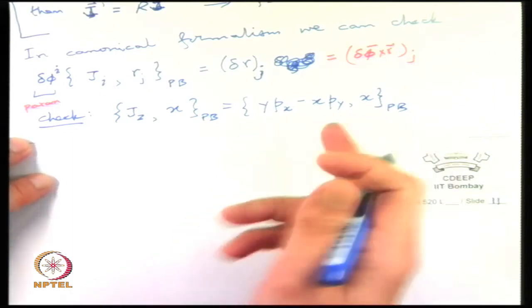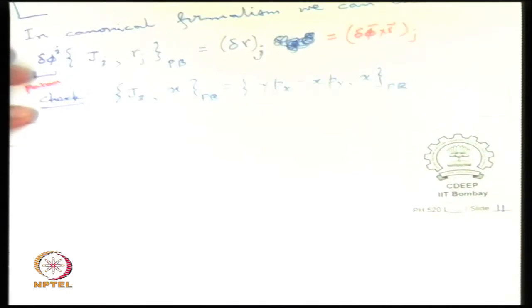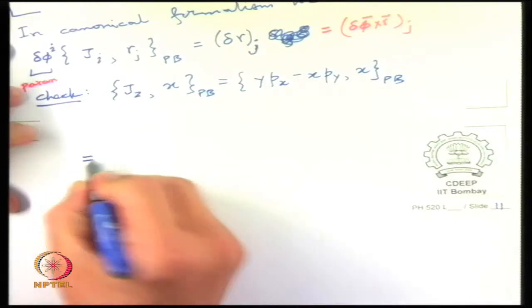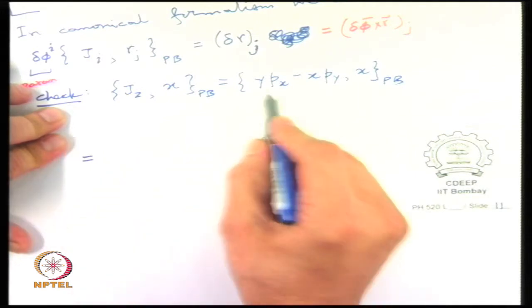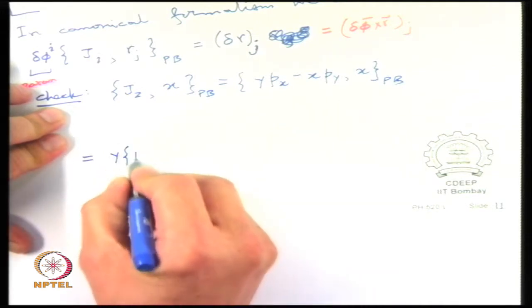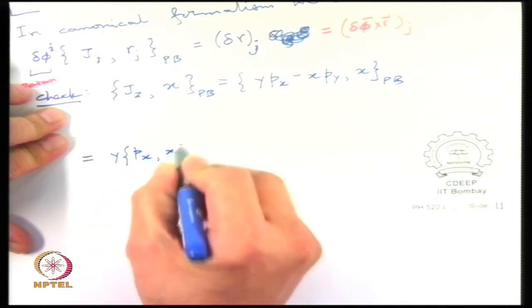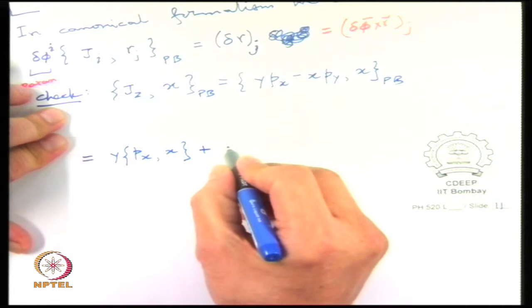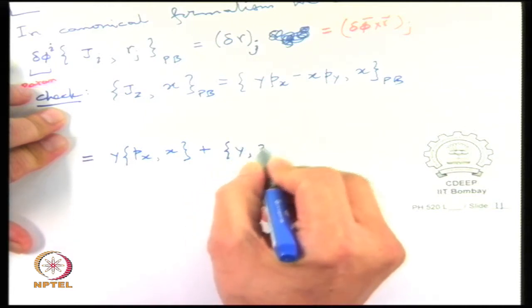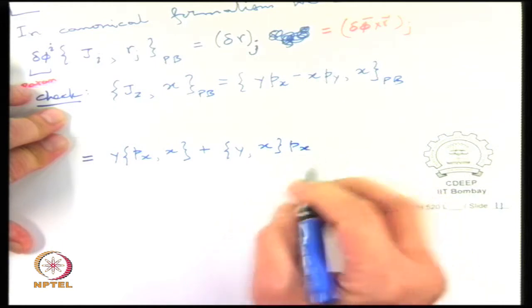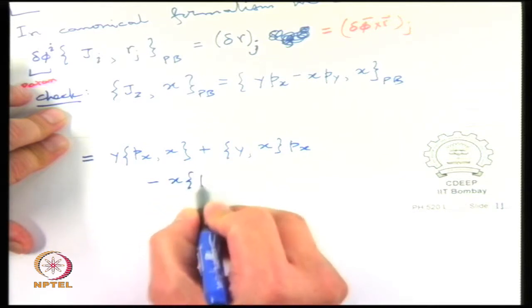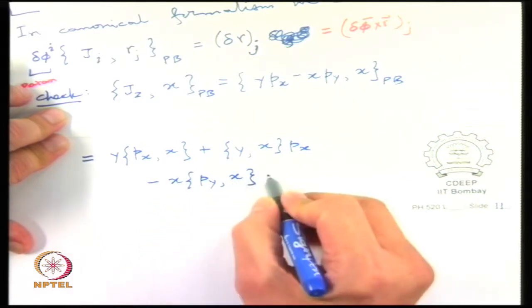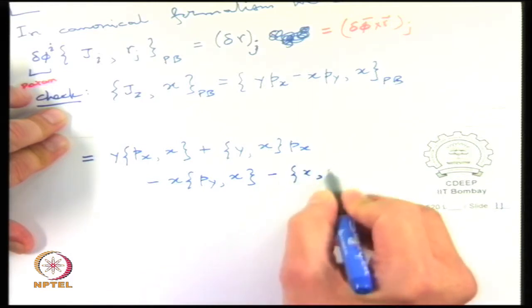Now we use just the properties of the Poisson bracket because the bracket has essentially linearity and distributivity. So it is same as, from the first term, y px x, then plus y x px, plus, so minus, x py x, and then minus x x py.